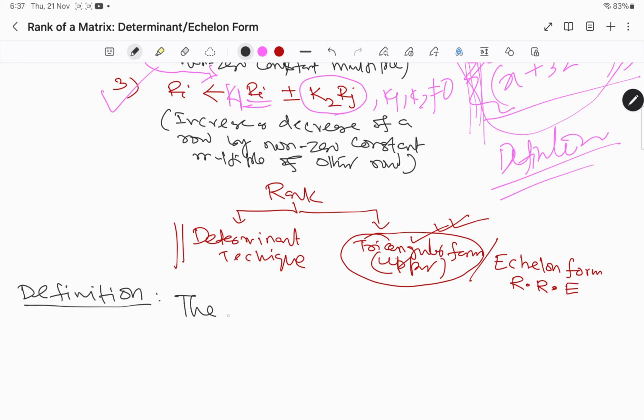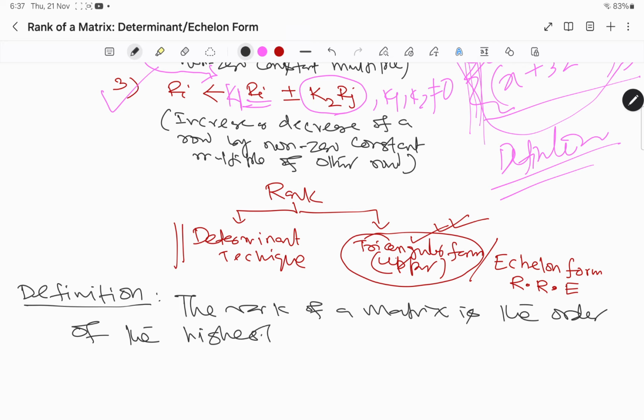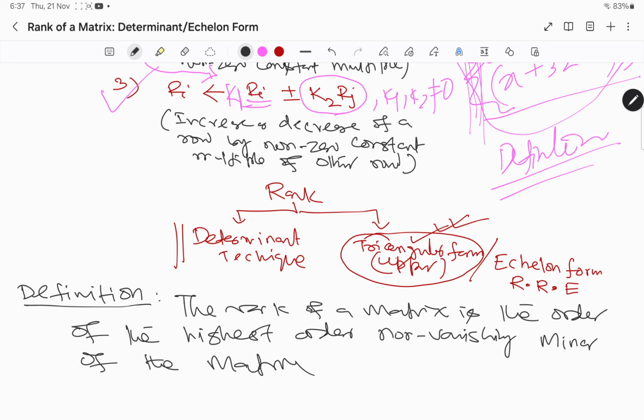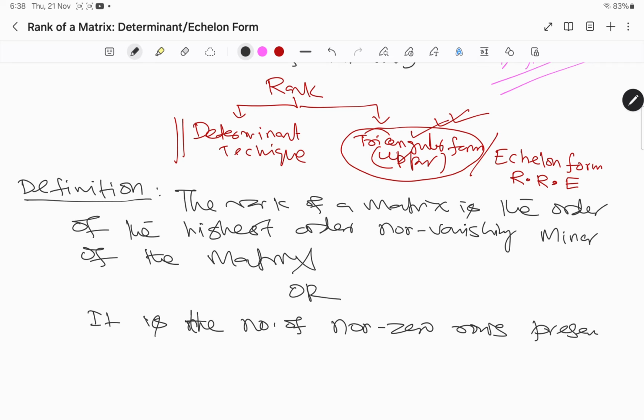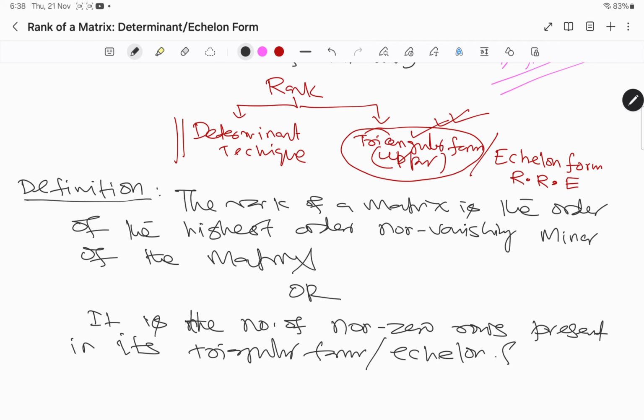The rank of a matrix is the order of the highest order non-vanishing minor of the matrix, or the alternative definition is: the rank of a matrix is the number of non-zero rows present in its triangular form or echelon form, right?